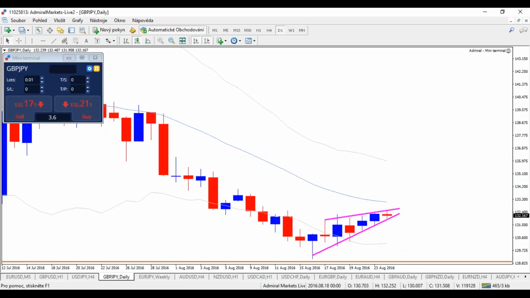Considering these bullish candles, I would probably like to see it a bit higher. Here's a small supply demand zone. So if it retraces a bit higher, bounces a bit more from this bottom, it would probably be better.